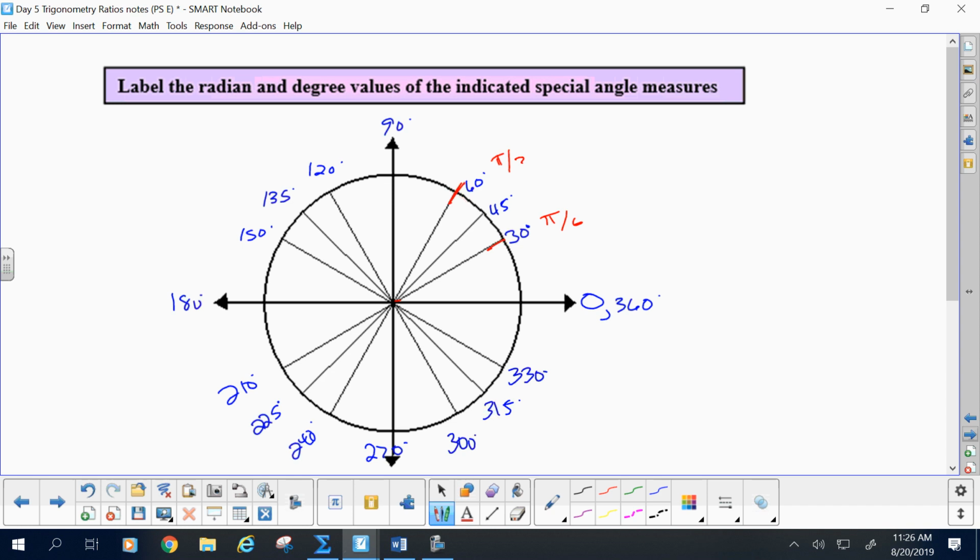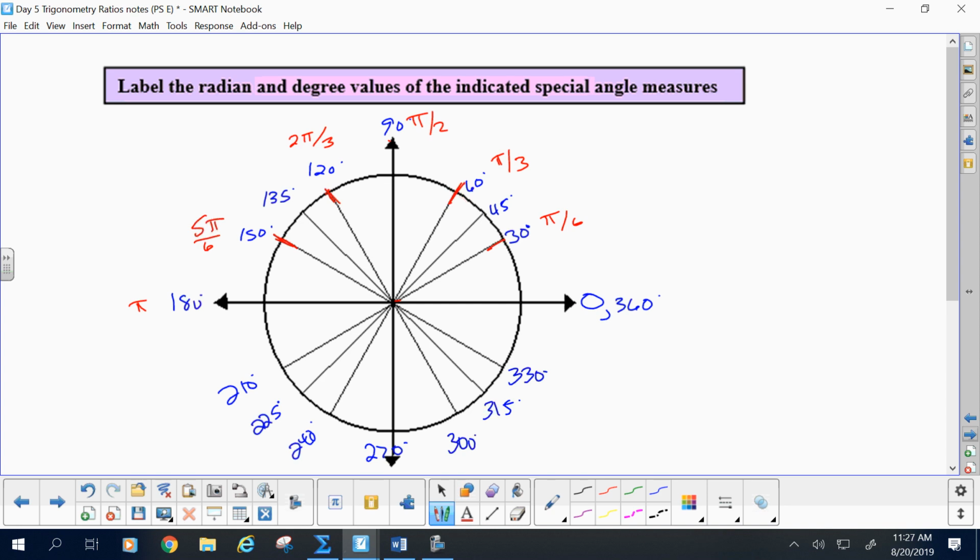Pi over 3. 3 pi over 6 reduces to pi over 2. 4 pi over 6 reduces to 2 pi over 3. 5 pi over 6 reduces to nothing. Are you with me? So you could just count up by pi over 6. Every 30-degree angle is some kind of pi over 6, and reduce it if necessary. That's one way to do it.